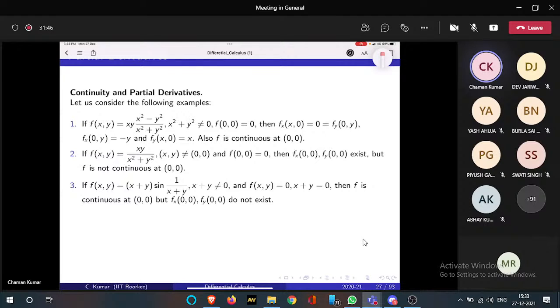When you talk about continuity of a function, you come to the point x naught, y naught from all possible directions, infinite number of directions.